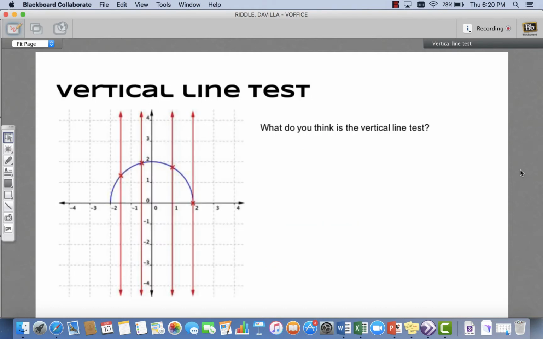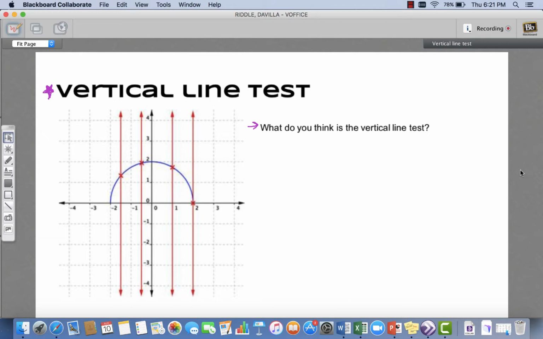Okay, great. So have you heard of this test before, the vertical line test? Okay, sounds good. So the vertical line test is a commonly used test for functions. In terms of the vertical line test, what do you think it is?